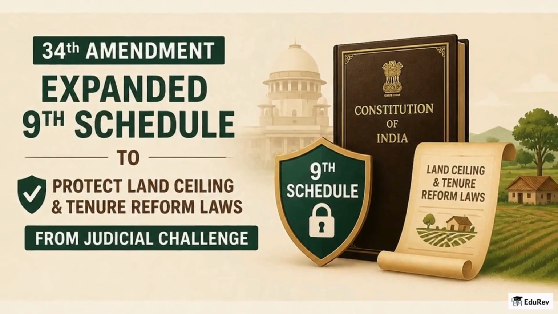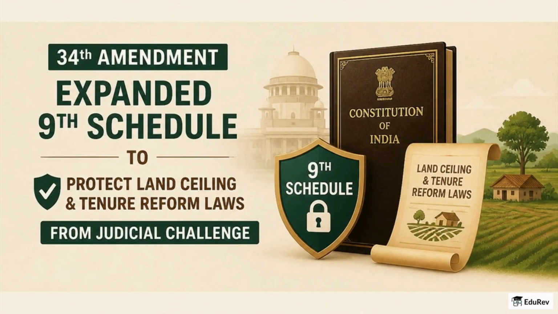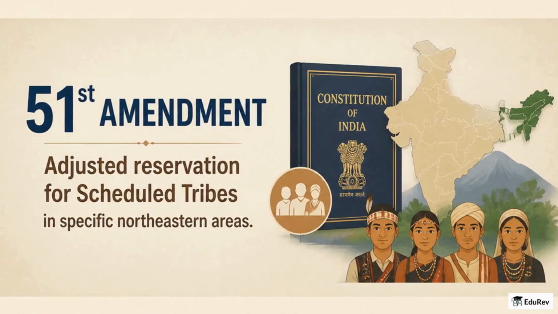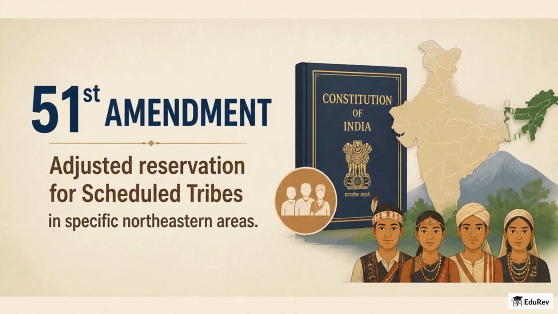The 34th Amendment expanded the Ninth Schedule to protect more land ceiling and tenure reform acts from judicial challenge. Several amendments focused on social justice and representation, like the 51st, which adjusted reservation for scheduled tribes in specific northeastern areas.